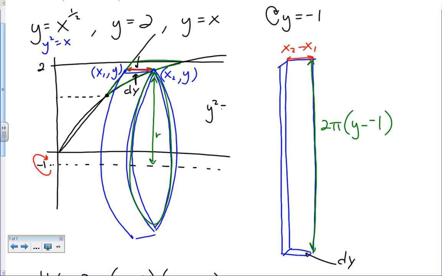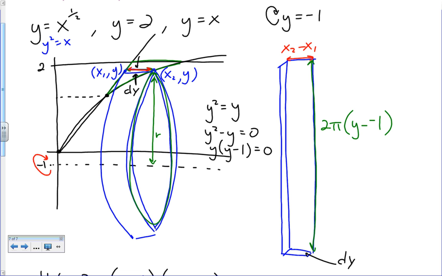I set y squared equal to y, replacing the x's with the other equation, and solve for my y value. If I subtract the y, I get y squared minus y equals 0. Factor out the y, and I get y times y minus 1 equals 0. So my two solutions are 0 and 1.